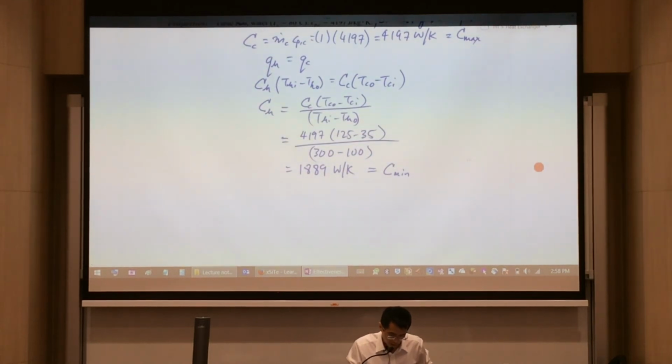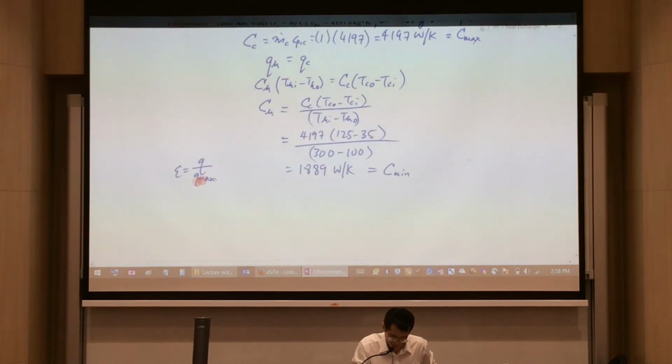What we need to do next is find the effectiveness. The effectiveness is equal to Q over Q_max.